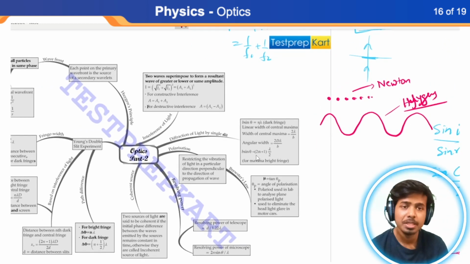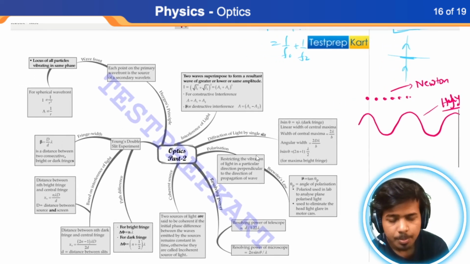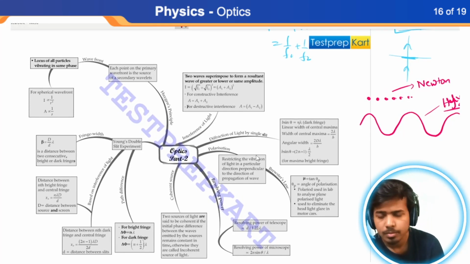Actually, it turns out that neither of them were wrong, and light has a dual nature. We'll talk in the next chapter that actually every particle in the universe has dual nature. Everything is a particle as well as a wave.